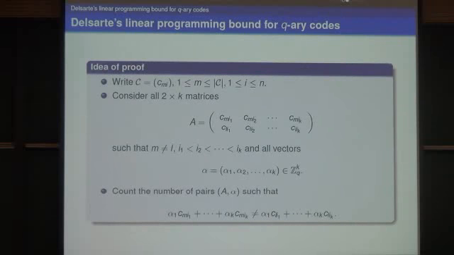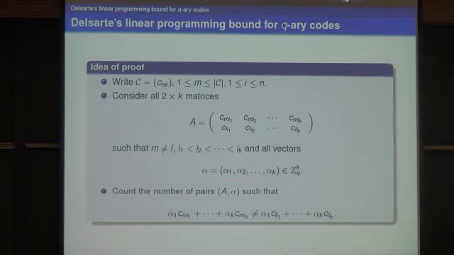We are not going to give details. We just show how we count. Write C as a matrix and count 2 by k submatrices. But now we cannot say odd number of ones or even number of ones, because this is over Z_q. In fact, we have to count the pairs (A, alpha), where alpha is a vector, and we take the inner product of alpha with the first row and the inner product of alpha with the second row, and if they are different, then we count such a pair.